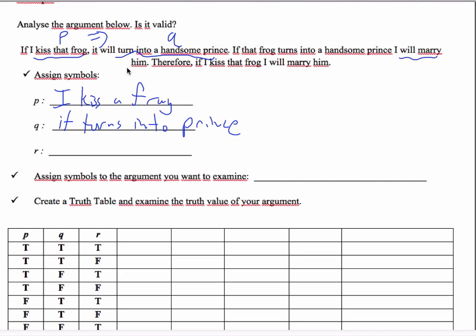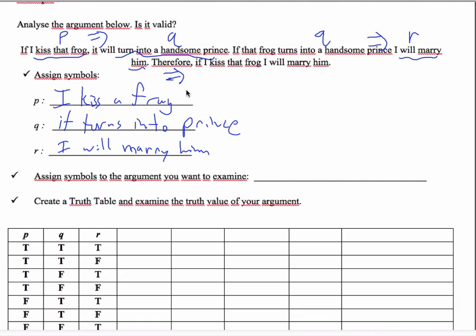Okay, we have a new thing here: I will marry him. So if a frog turns into a handsome prince, remember that's Q, right? Then I will marry him. We have R here. Therefore, this is going to be our last part right here: if I kiss that frog, I will marry him.